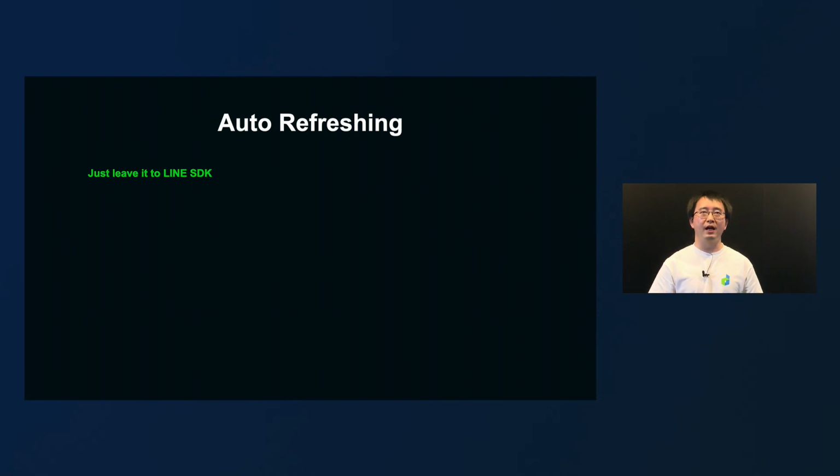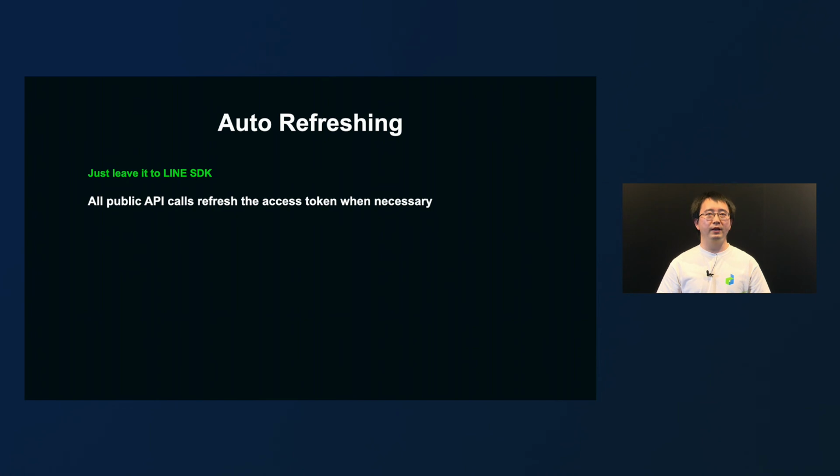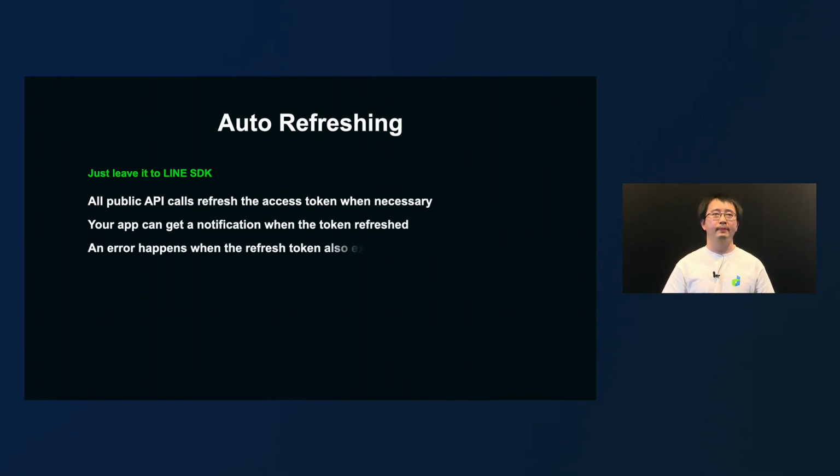We have a mechanism called auto-refreshing. All public API calls refresh the access token whenever necessary, and your app can get a notification when the token is refreshed. An error would happen when the refresh token also expires, so you can handle the error. For example, let the user log in again gently.